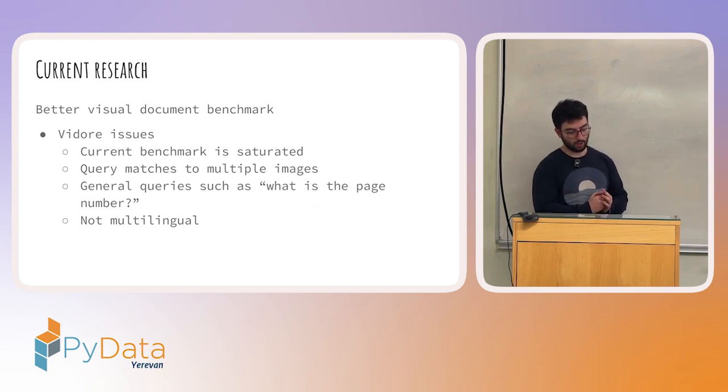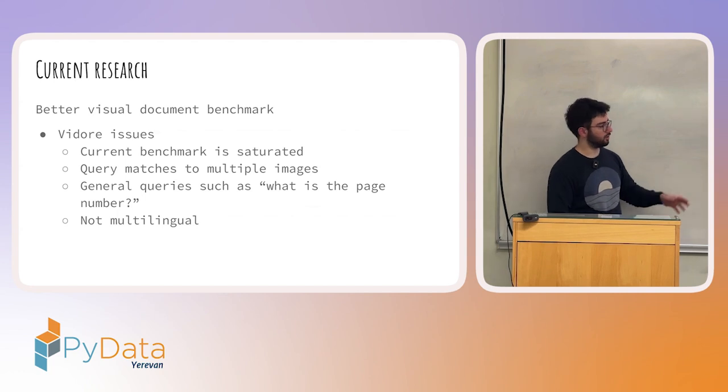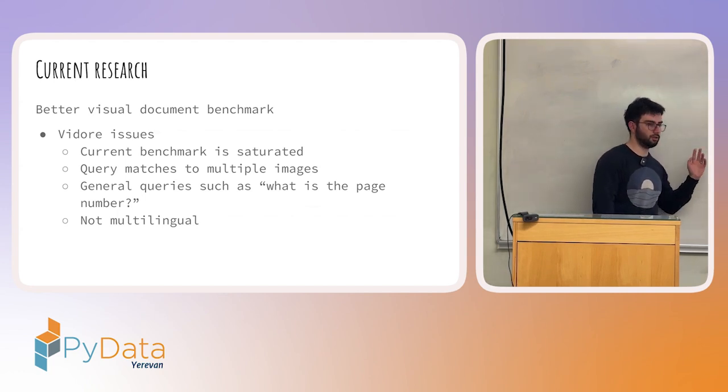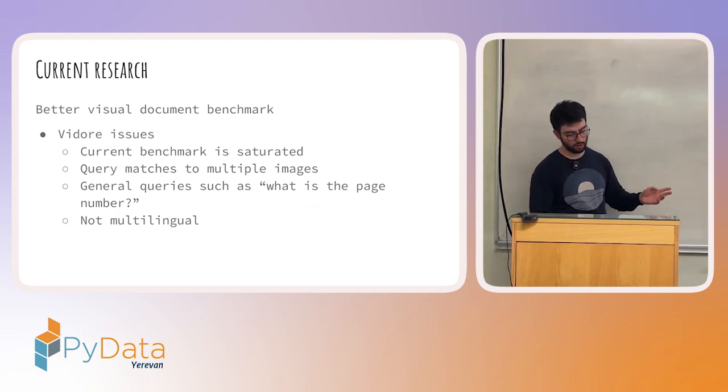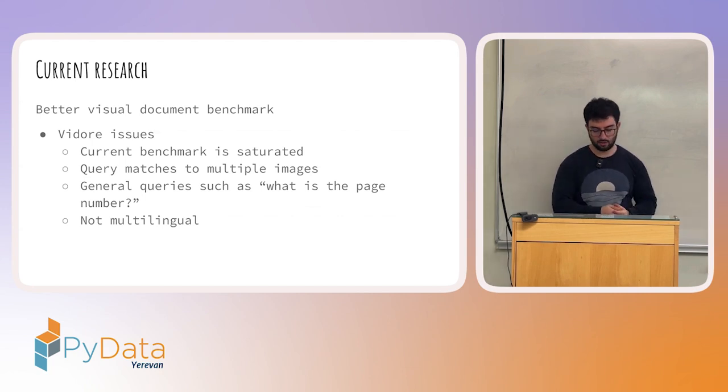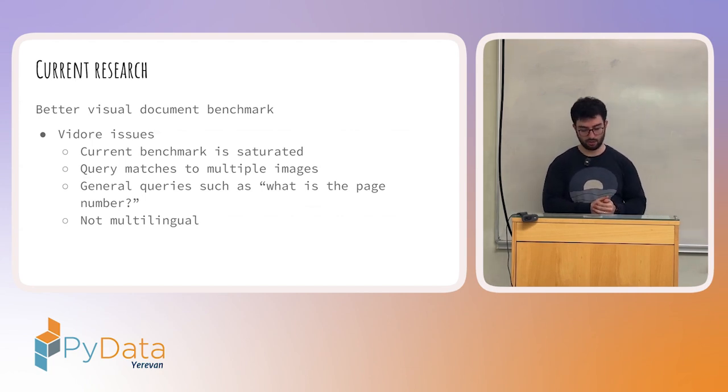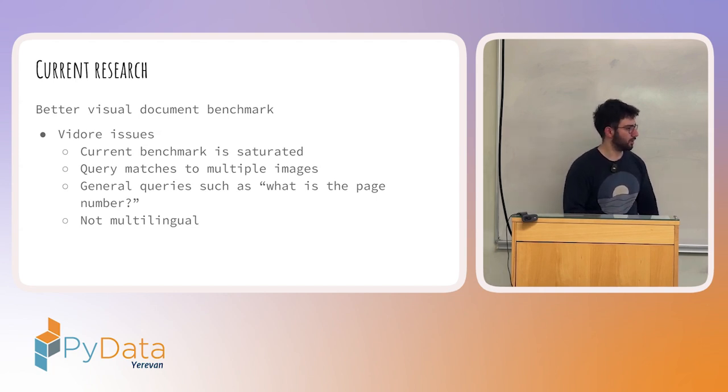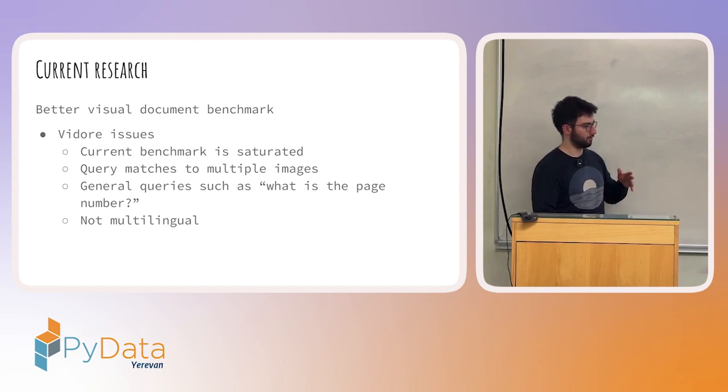One of the other issues is that it is not multilingual; mainly the datasets are in English. And the other thing is that some of the queries are too general. In some of the datasets, for example, there's a query which says, what is the page number? All the document pages could be retrieved for this question, because almost all pages, except the first and the last one, have page numbers.